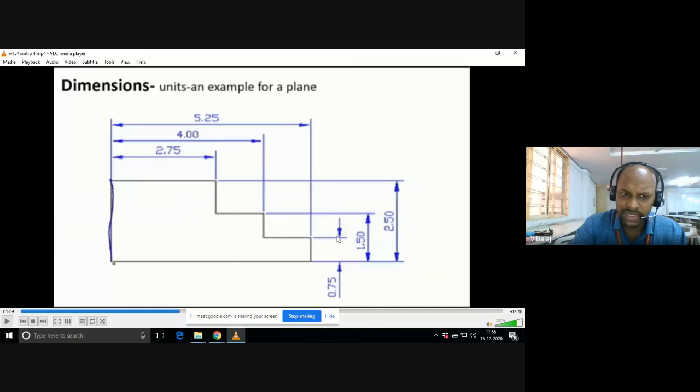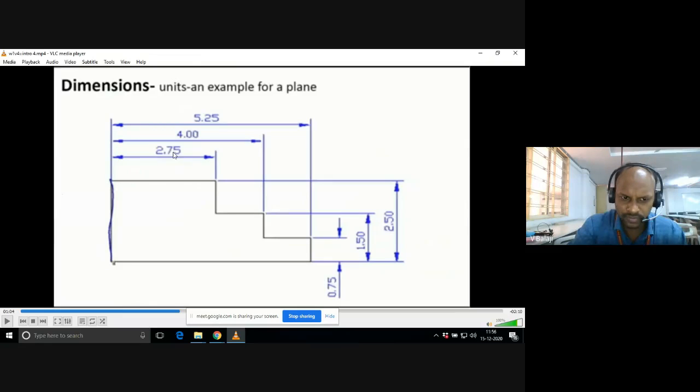I would like to explain what these blue color lines are. To mention the length of this particular face, the length is 2.75. To mention that, I need to draw one dimension line. This is called the dimension line, which is carrying two arrow marks, right? One arrow mark, another on this side. And upon that dimension line, you put the value that represents the dimension.